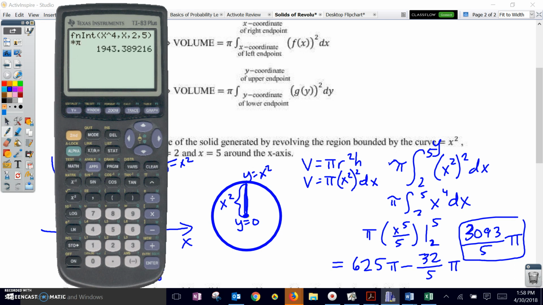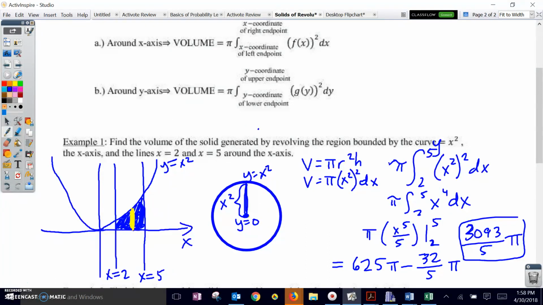And I get 1943.389, which should be the same as what I got by hand. And it does match, and so I feel pretty good about my answer there. All right, that was your first example.